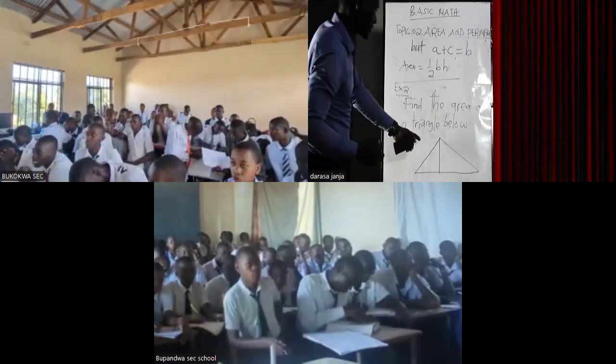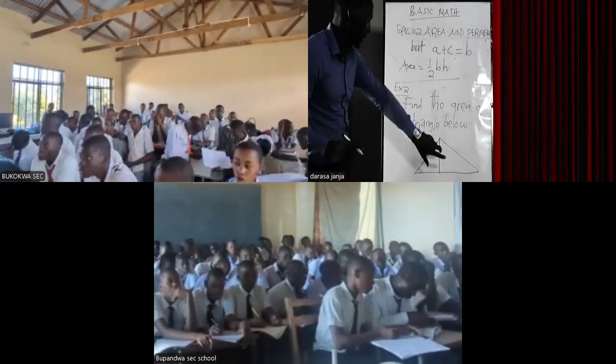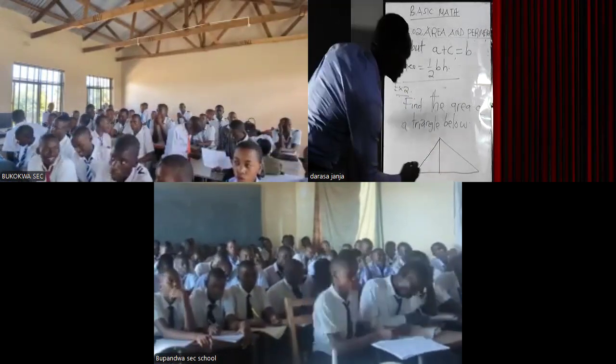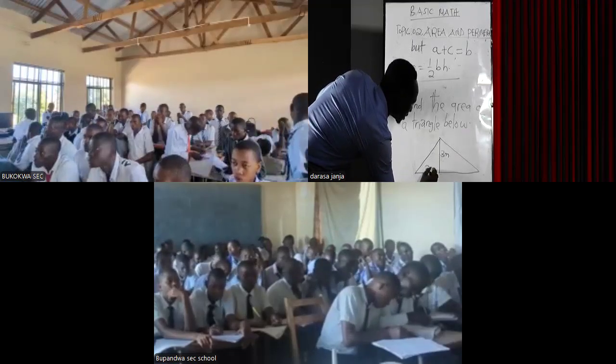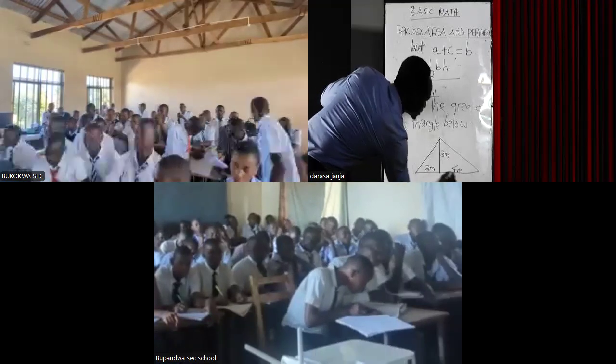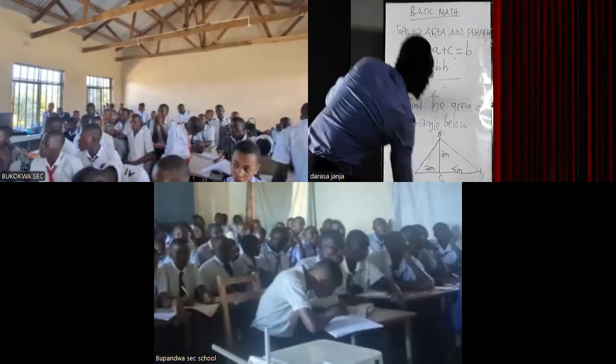Suppose this is our triangle. So we need to find the area of this triangle. Suppose I'm giving you here 3 meters, 2 meters, 4 meters. And this will say A, B, C, D.